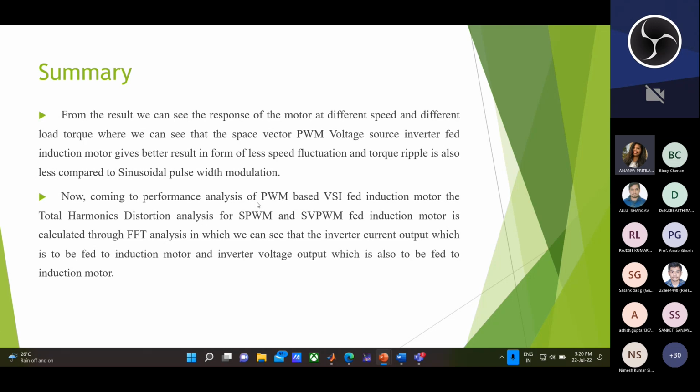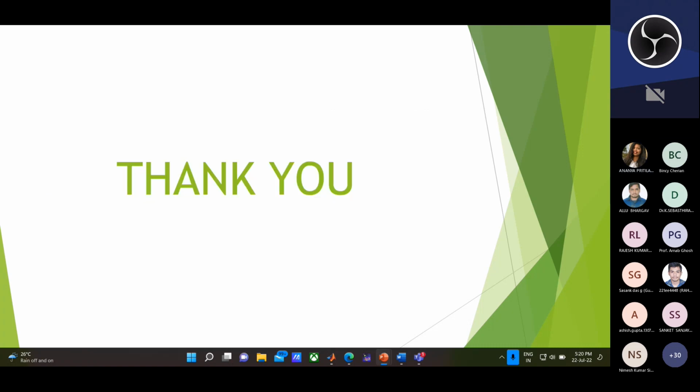Now coming to performance analysis of PWM based VSI fed induction motor, the total harmonic distortion of both sinusoidal PWM and space vector PWM fed induction motor is calculated through FFT analysis that I haven't shown here. So this way I have done the model.